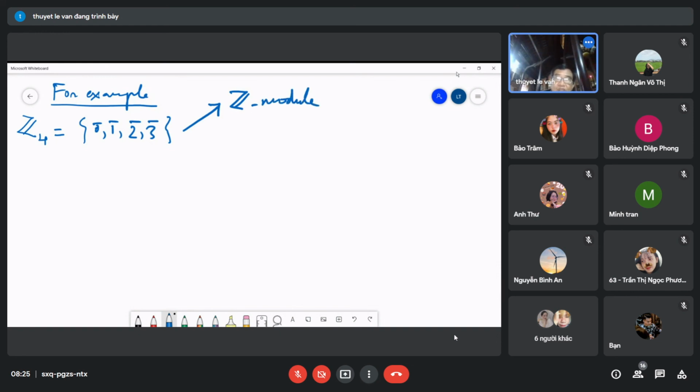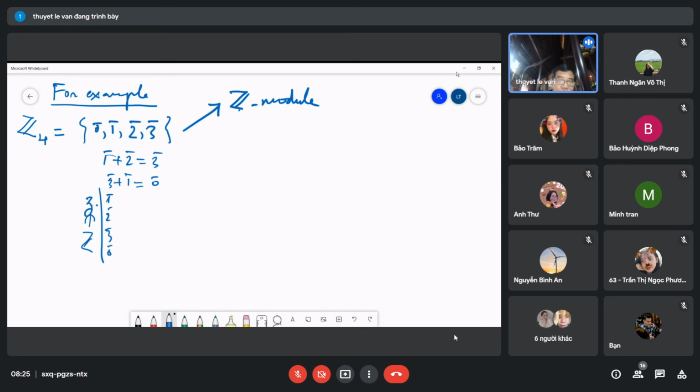The first operation is plus, meaning that 1 plus 2 is equal to 3, or 3 plus 1 is equal to 0, and so on. And the second is the Z module structure, so that is Z tied with 1, 2, 3, and 0, and so on.